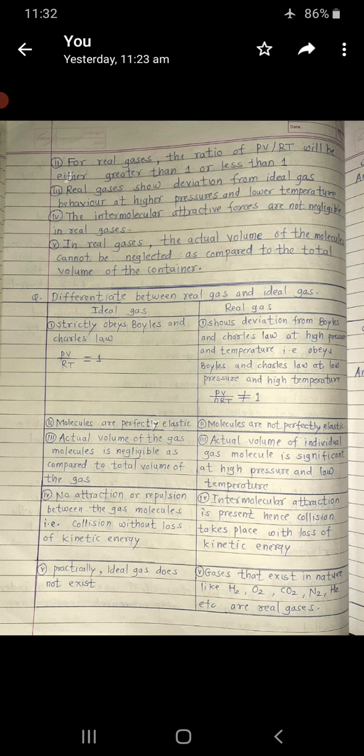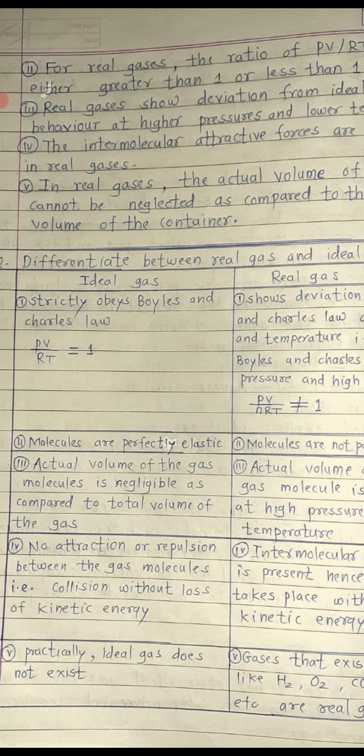Now, points to distinguish between ideal gas and real gas. Okay, 4 points are given here. Differentiate between ideal gas and real gas. First point: ideal gas strictly obeys Boyle's law and Charles law, that is PV upon nRT is equal to 1 in ideal gas.